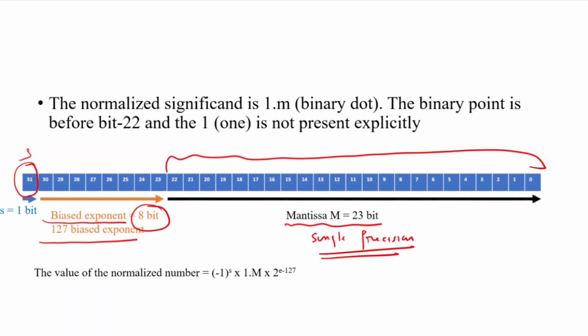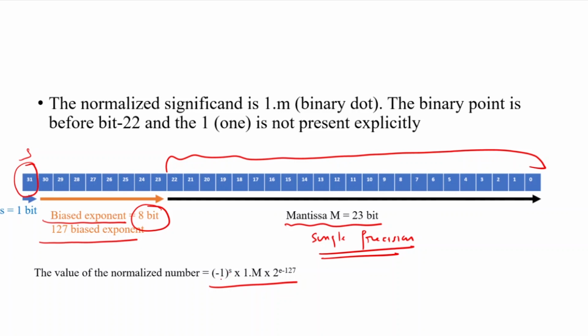Now the question is: suppose some number is represented in single precision or double precision floating point format, how do we obtain the value of the normalized number? For this we use the formula. In the case of single precision, minus 1 to the power s, where s is either 0 or 1. When s is 0, minus 1 to the power 0 equals 1, so the number is positive, and when s is 1, the number is negative.